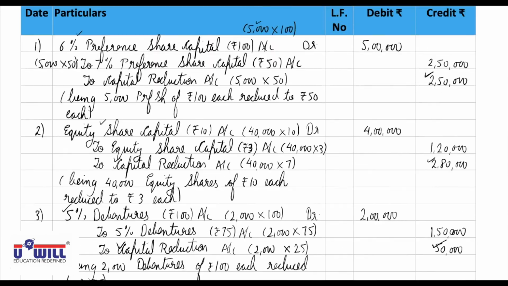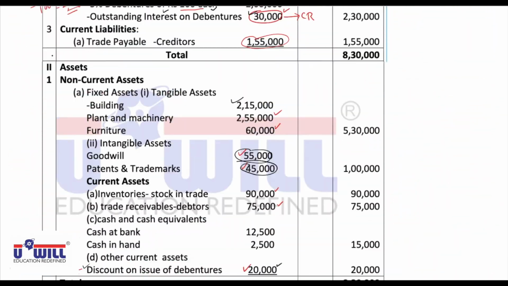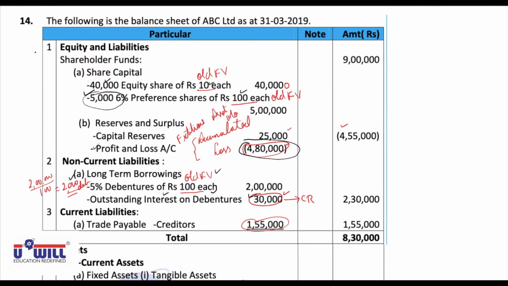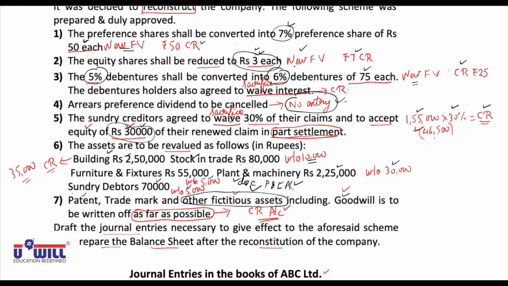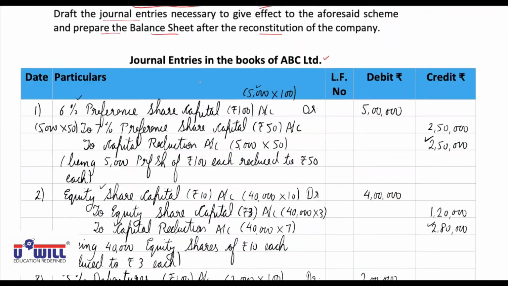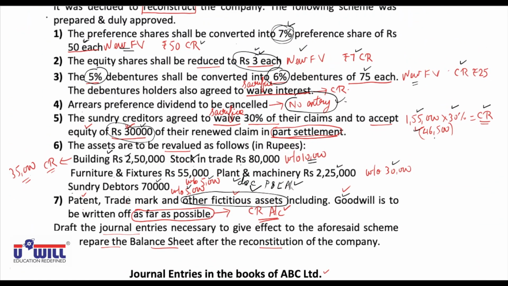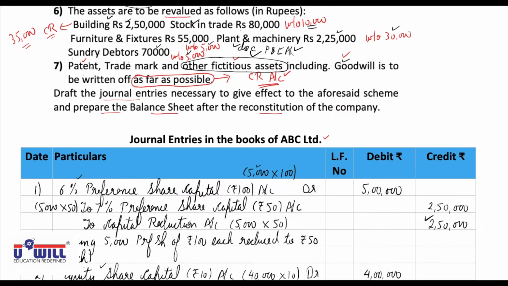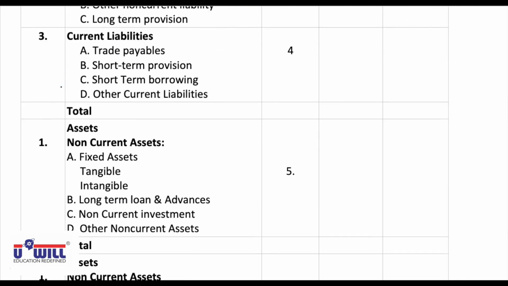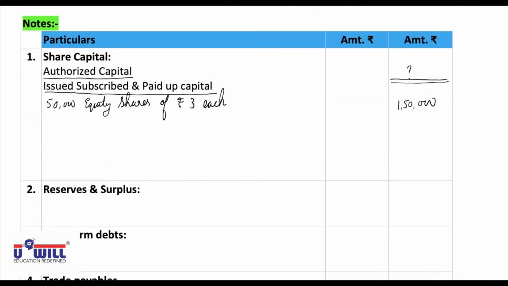Now preference shares, how many are there? Already in the old balance sheet you can see 5,000 preference shares are there. They will continue to appear in the balance sheet, but instead of 6%, now they have become 7%. And the new face value is how much? You can see here the new face value is 50 rupees. So the same 5,000 preference shares but 7%.